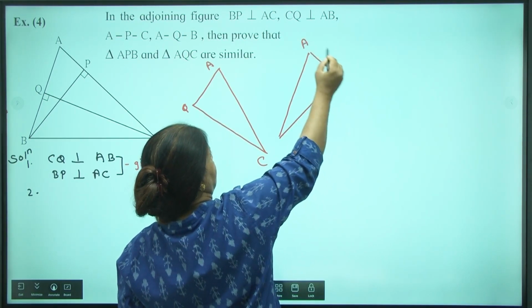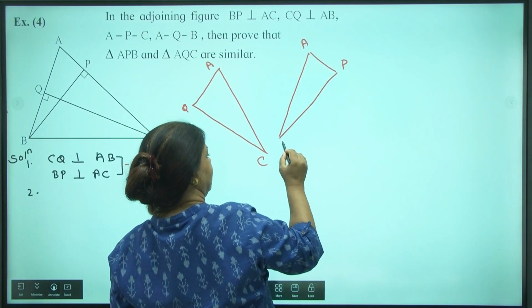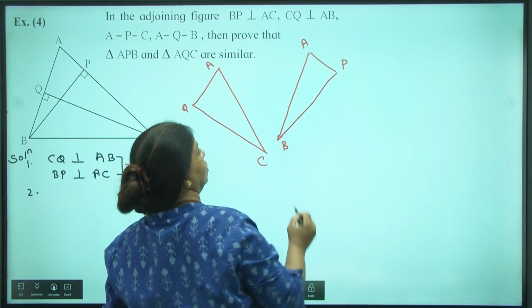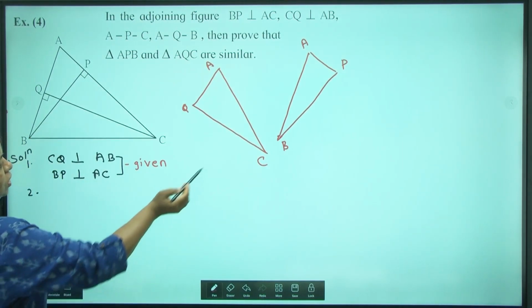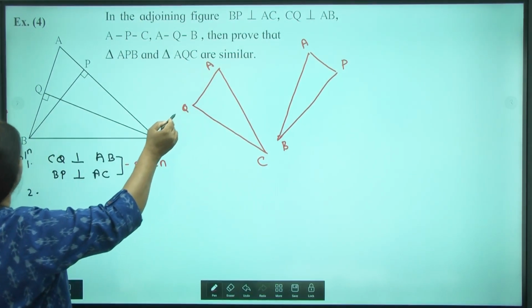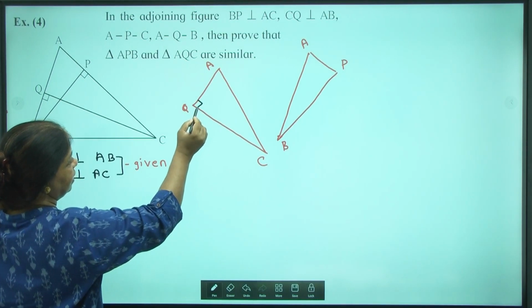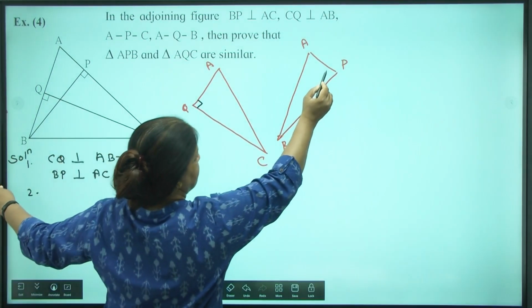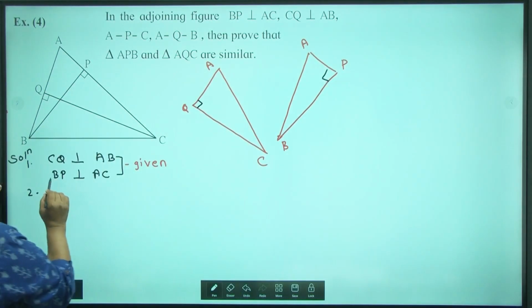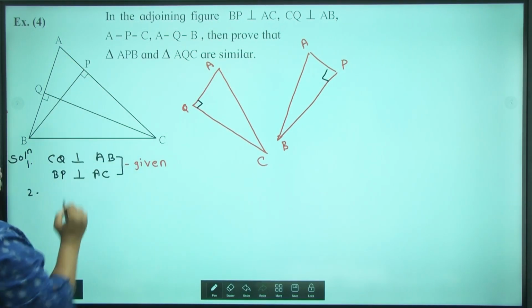This is A, P and B. Okay. CQ is perpendicular to AB, therefore this will be 90 degrees. Same as here, this will be 90 degrees because BP is perpendicular to AC.